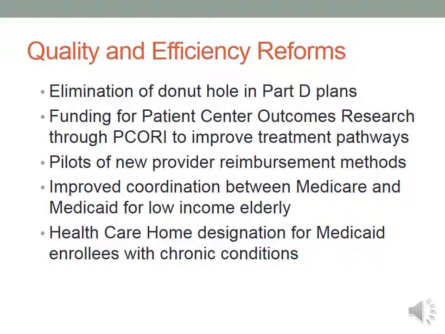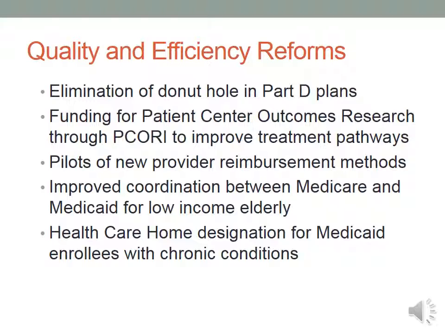That kind of research is funded through PCORI, and that's funded through a tax on insurance premiums. The Affordable Care Act creates pilot experiments of new provider reimbursement methods; the bundled payment and the shared savings that we've talked about over and over again are two examples.